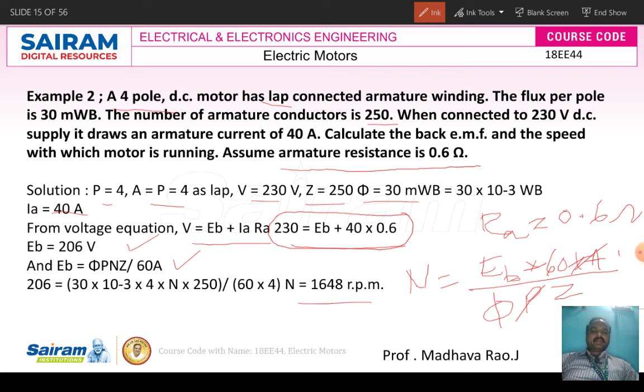The speed of the DC motor is 1648 revolutions per minute. Speed we always measure in RPM, revolutions per minute.